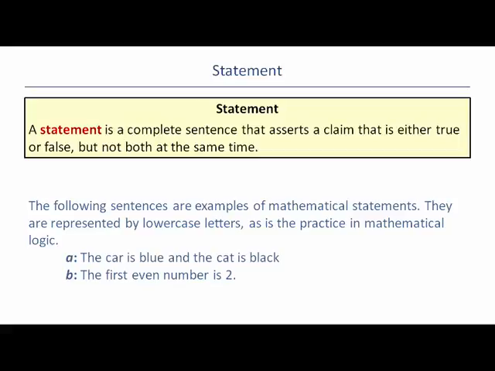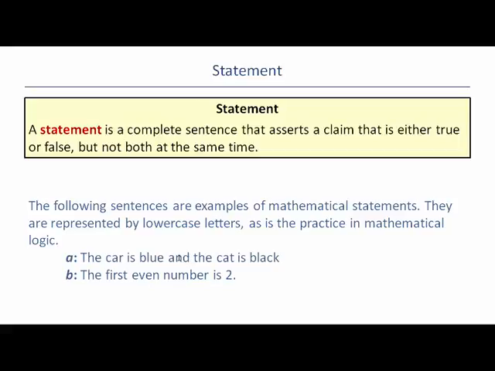You can see that both of those things are statements because they claim something, and they're either true or false, but they can't be both at the same time, right? Either the first even number is 2 or it's not, and in this case it is. And then either the car is blue and the cat is black, or it's not the case, right?